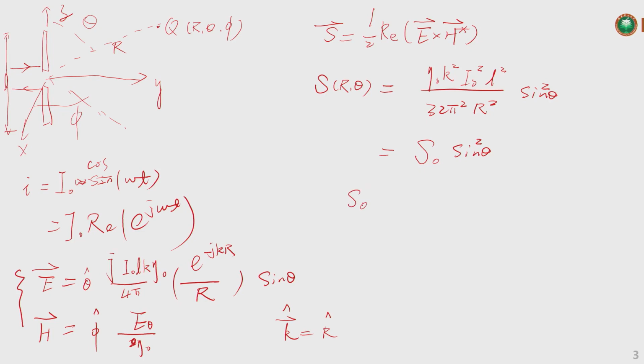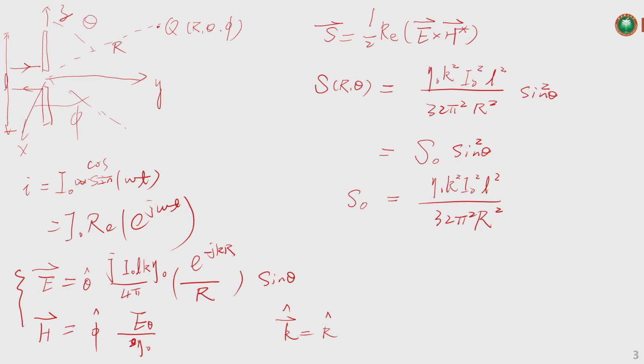Since S node is represented as the other part, k square, I node square, L square divided by 32 pi square, capital R square, this one is expressed by this component.